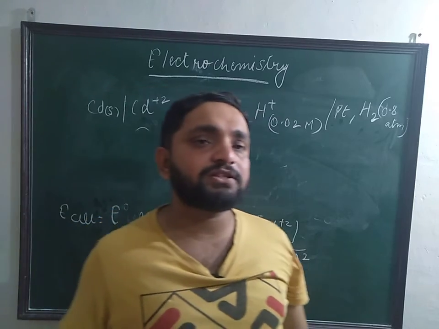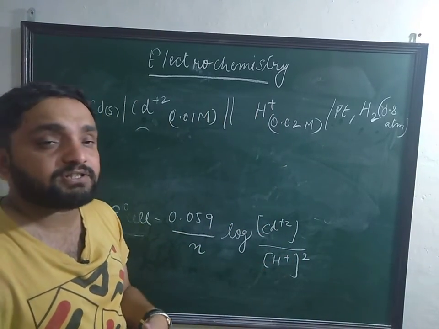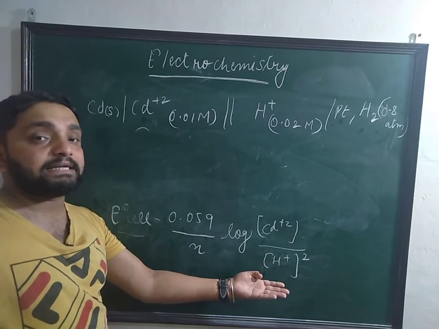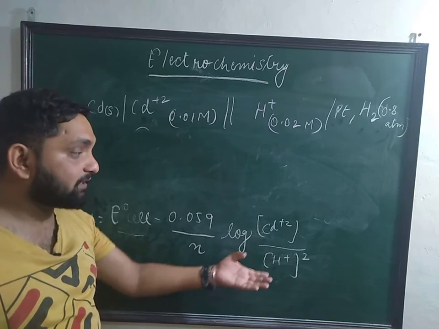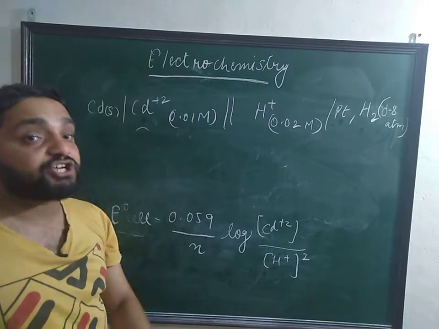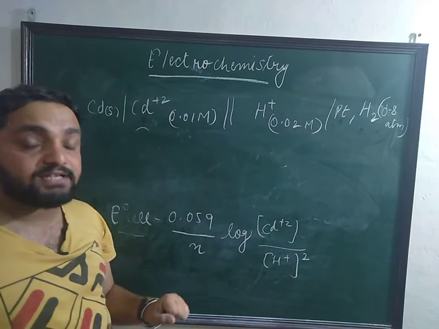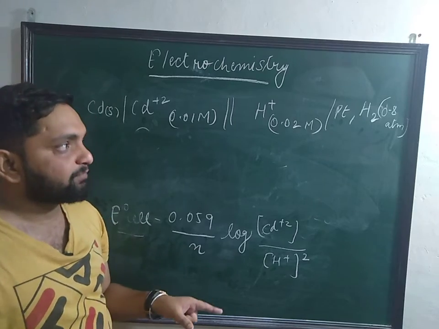If you are representing the Nernst equation like me, you will have to multiply the pressure of the hydrogen gas over the anodic side.